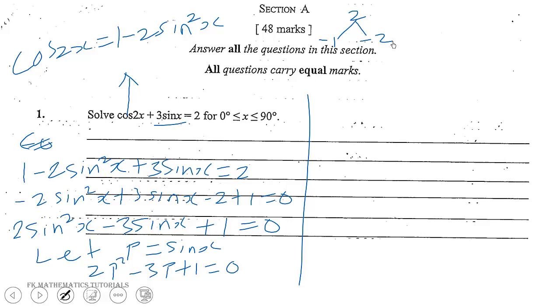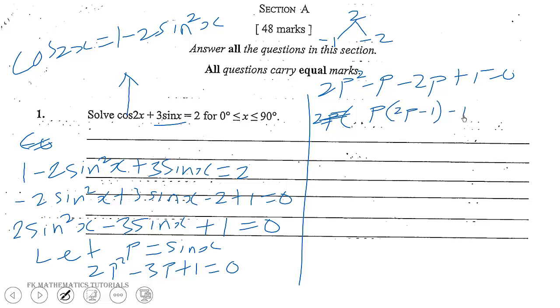So we split the middle term to get 2p² minus p minus 2p plus 1 is equal to 0. We take p outside into brackets, p(2p minus 1), then minus 1 outside, minus (2p minus 1) equal to 0. So we have (p minus 1)(2p minus 1) is equal to 0.